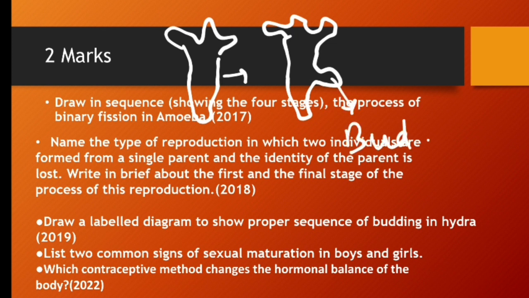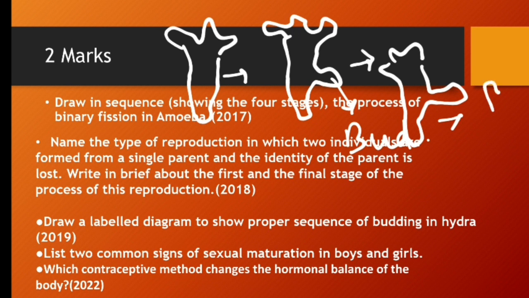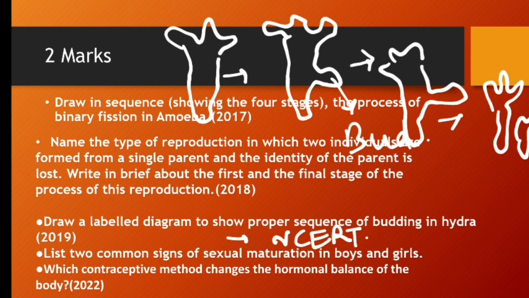This bud keeps on growing till the conditions are favorable, and then this bud separates out, forming another individual from the parent hydra. This diagram is also there in your NCERT, so you can check and practice it.